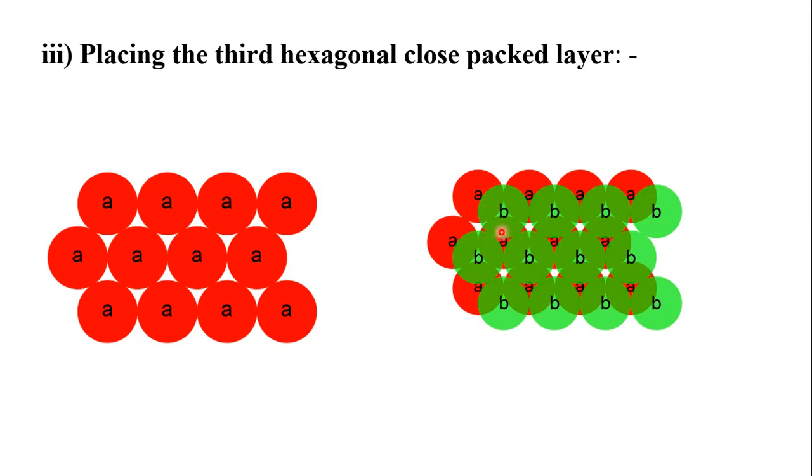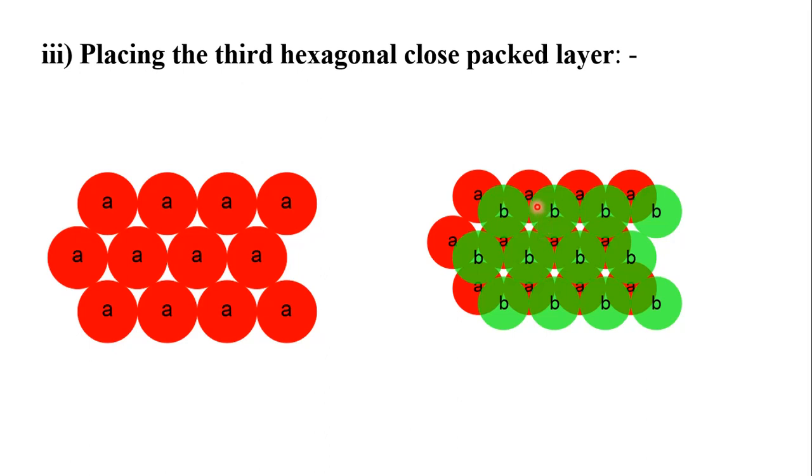Another void created in this arrangement is the octahedral void. This is due to the triangular voids of the first layer and second layer, whose apices point in opposite directions, and therefore such a void is created.